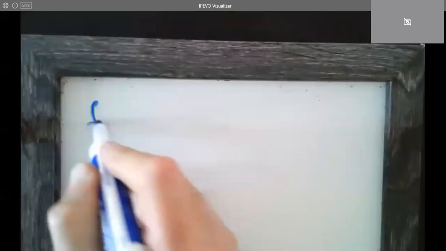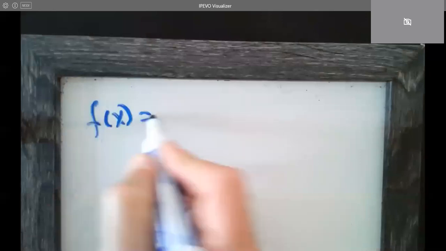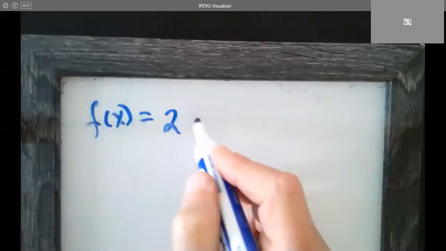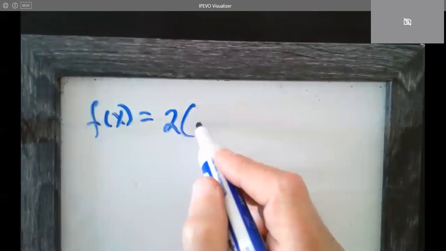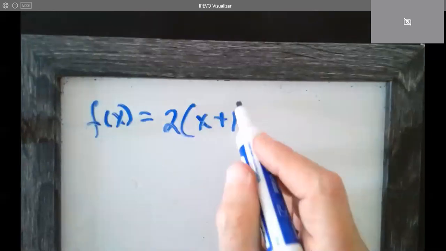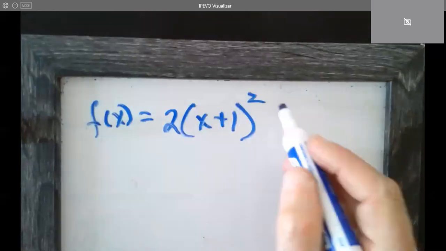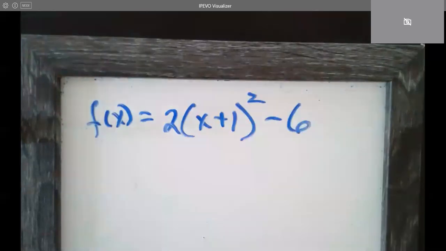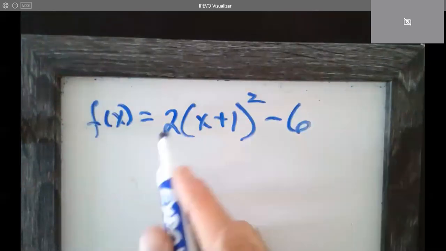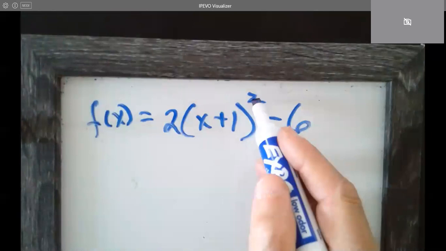Use this board here, because then I can refer back to the other one if I need to. All right, here we have f of x equals 2 times (x plus 1) squared minus 6. So it's going to behave like an x squared.